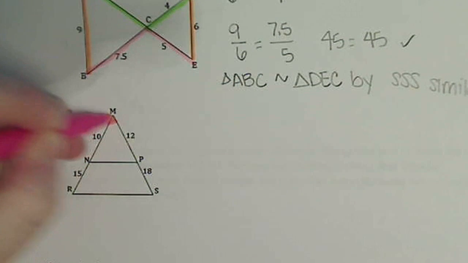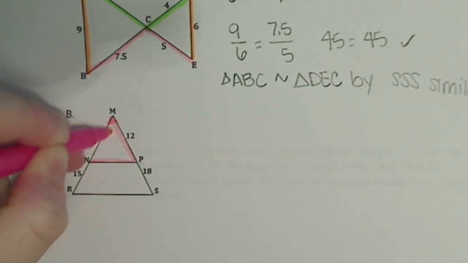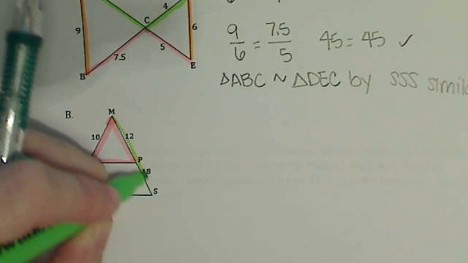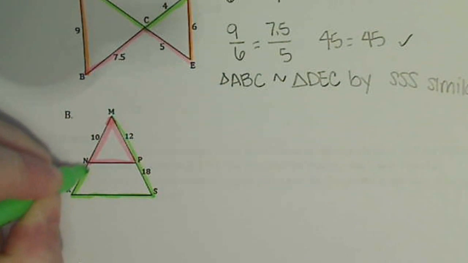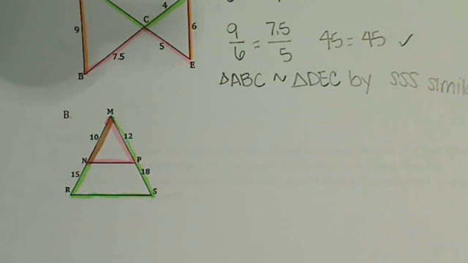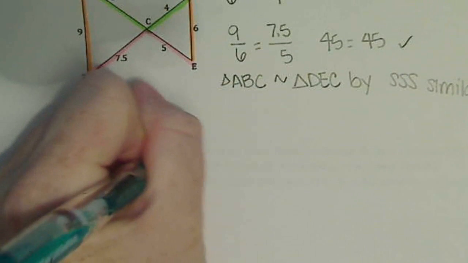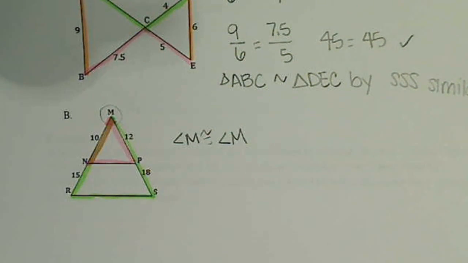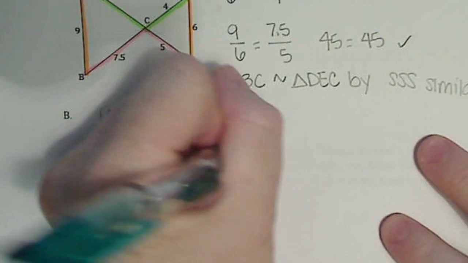I'm looking at this little triangle here, and I'm comparing it to this big triangle. Okay? They both have in common angle M. So is angle M congruent to itself? Yes, that's the reflexive property.